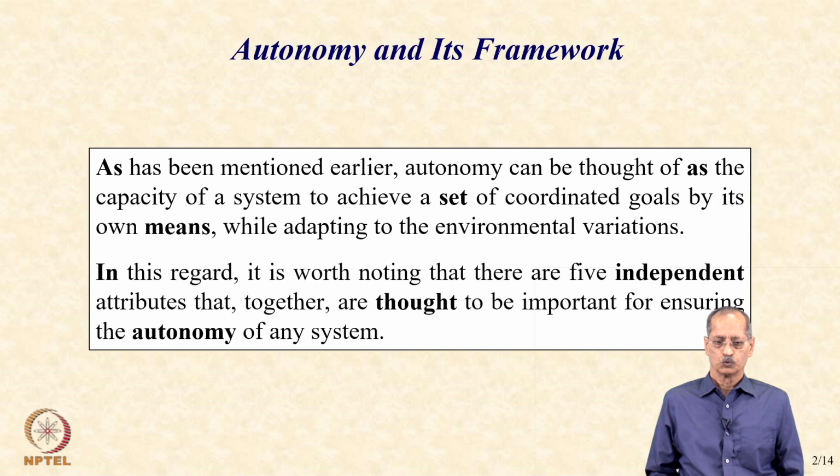Now, to do that, there are 5 independent attributes that are thought to be important for ensuring this kind of behavior, that you can achieve your own goals by your own means while adapting to the environment. People have come up with 5 independent attributes that must be present in any system so that it can be thought of as being autonomous.